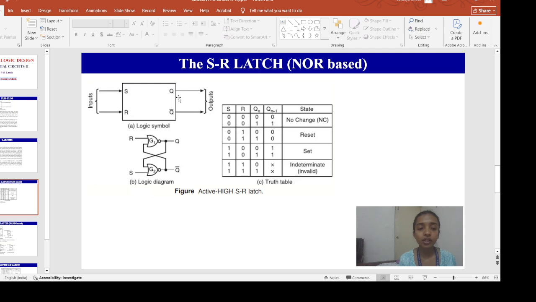As you can see over here, it has two outputs labeled Q and Q bar, and two inputs labeled S and R. The state of the latch corresponds to the level of Q. Q can either be high or low, and this Q bar is the complement of Q.